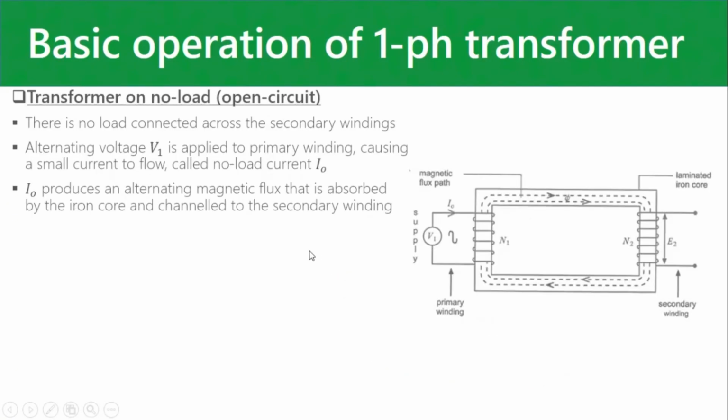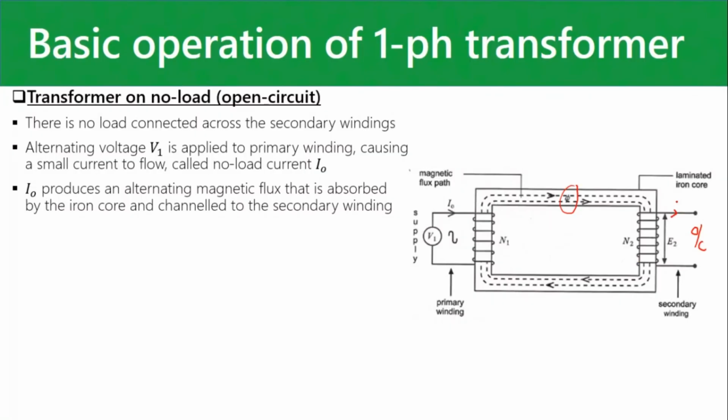So when it's on open circuit, as we saw in the last diagram, pretty much exactly what you see here, you have this magnetic core which concentrates the magnetic flux. But you'd think that in this open circuit situation, the current in the secondary winding is zero.